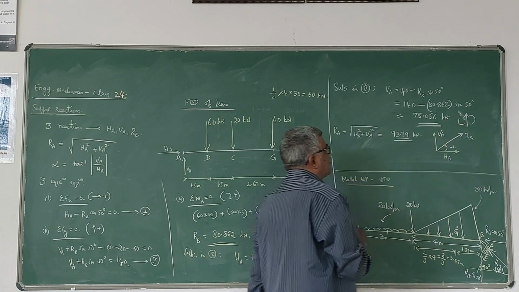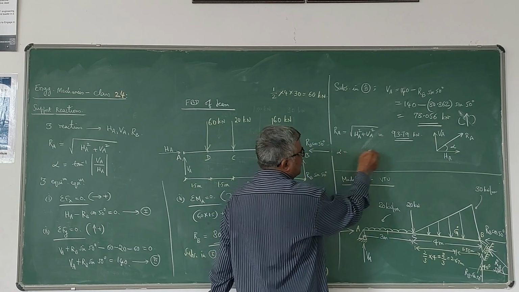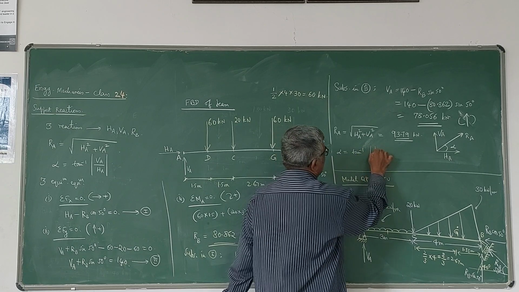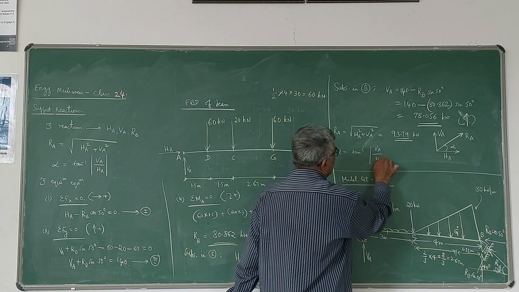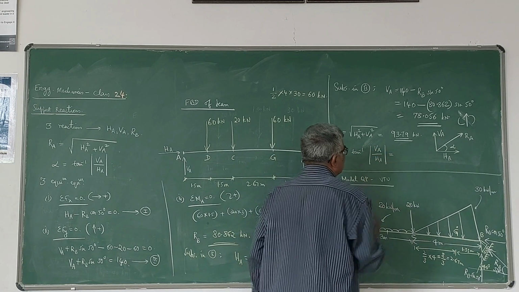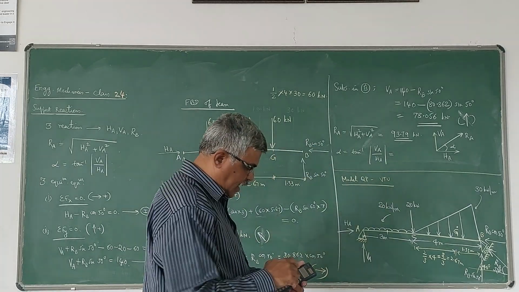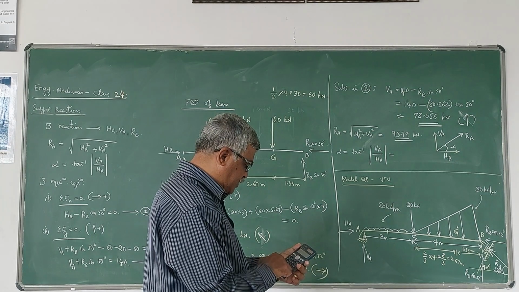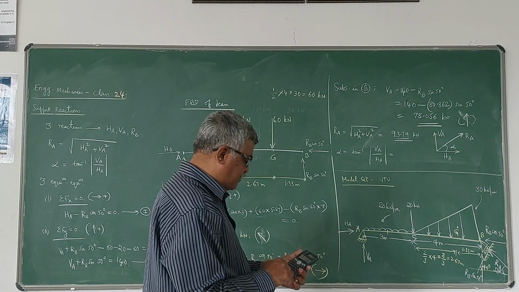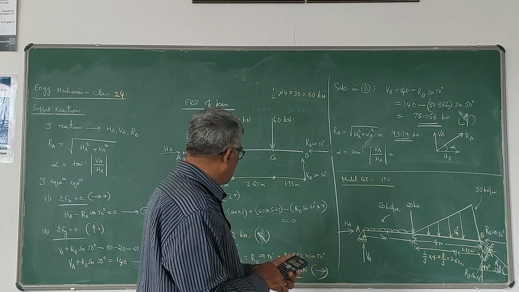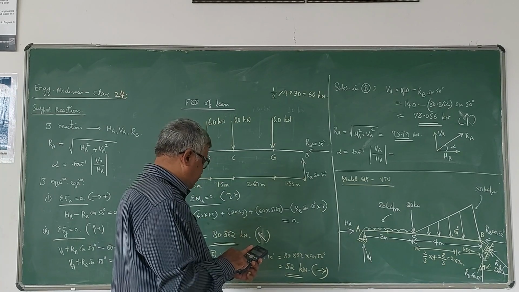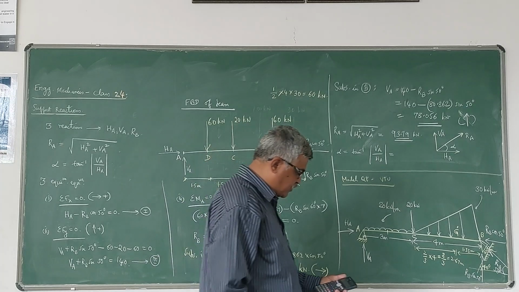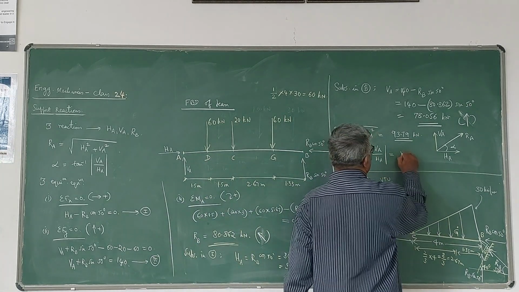The angle made by RA with the horizontal, alpha, will be tan inverse of VA by HA, which is tan inverse of 78.056 divided by 52. It comes out to be 56.33 degrees.